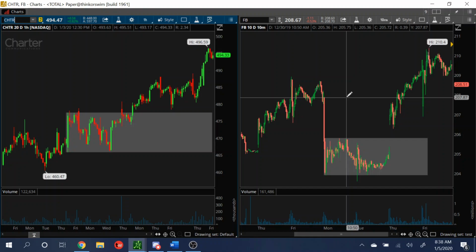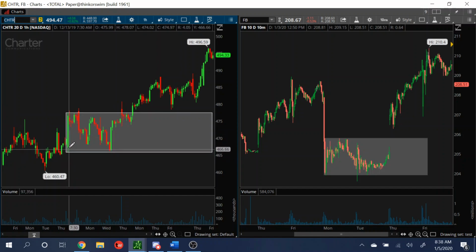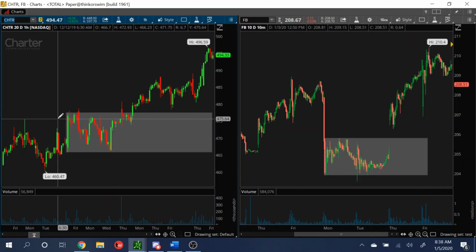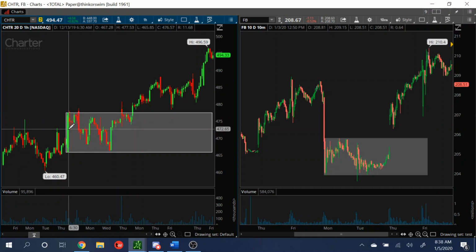They're really great. So here's an hourly chart on Charter Communications. We can see, marked by the rectangle, we have this large breakup candle. It's very much bigger than the rest of the candles around it. It closes near the highs, and it breaks, right, this support or this resistance level here and closes above. So this is a good criteria.